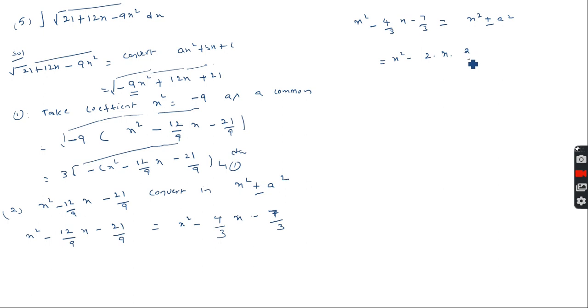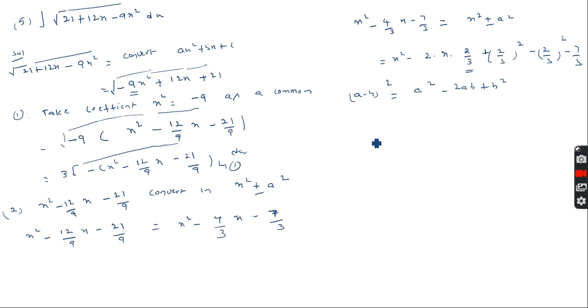So we get x square minus 2 into 2 by 3 x plus 2 by 3 whole square, minus 2 by 3 whole square, minus 7 by 3. Here we use the formula for a minus b whole square, which is a square minus 2ab plus b square.